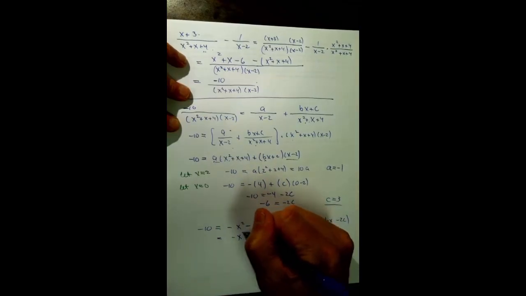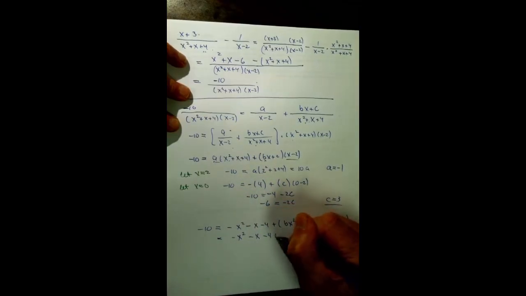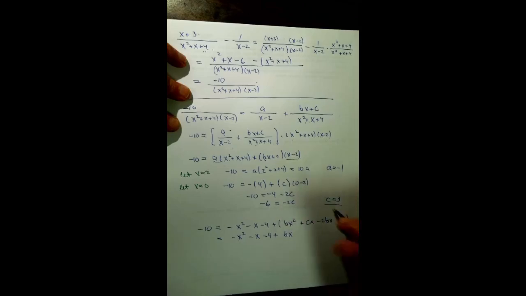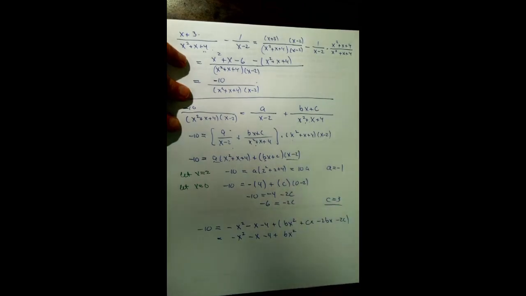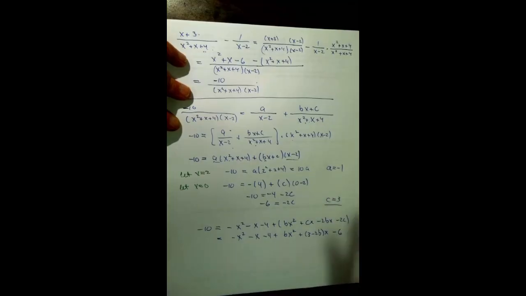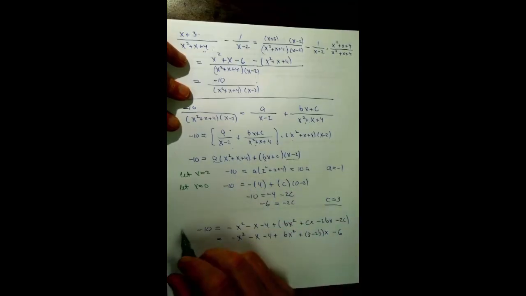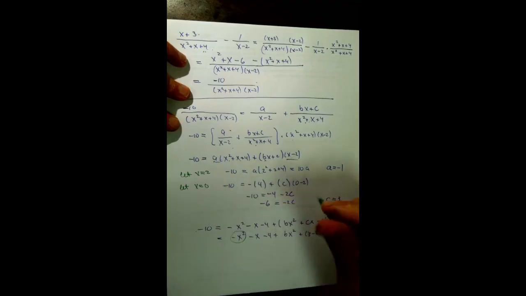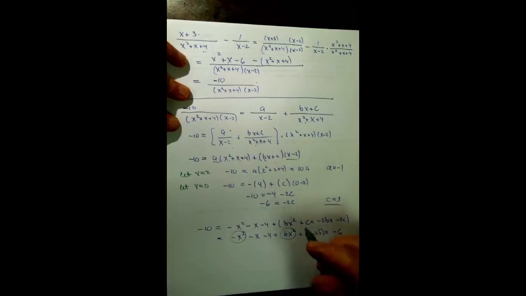So this is minus x squared minus x minus 4 plus bx squared. Now c is 3, so I'm going to have 3 minus 2bx minus 6. There are no x squared terms on the left, so those things have to cancel out, which means b has to be 1.